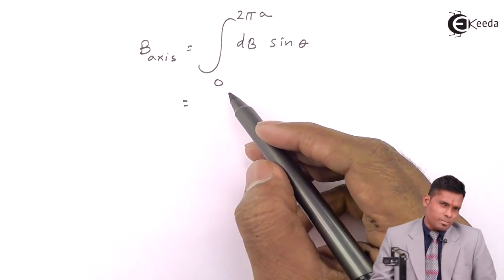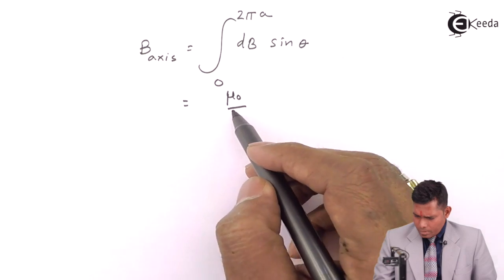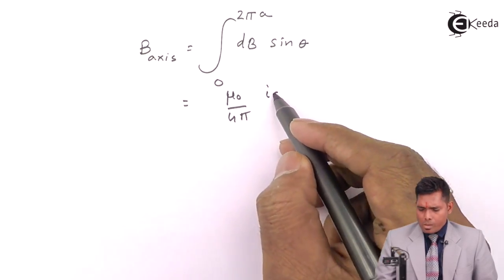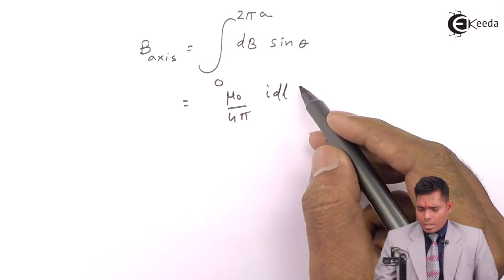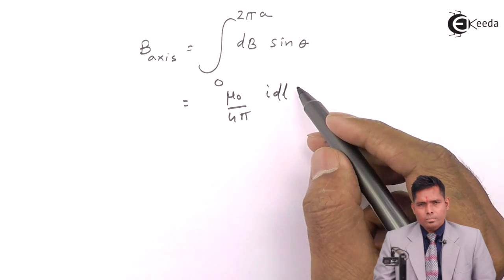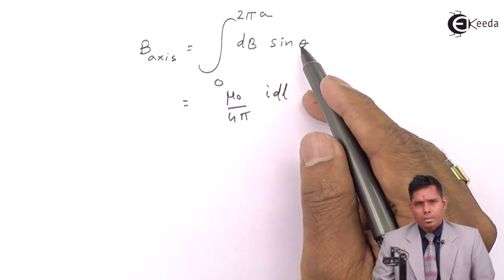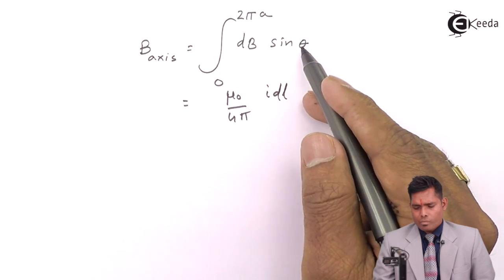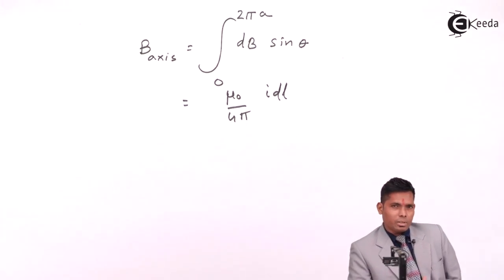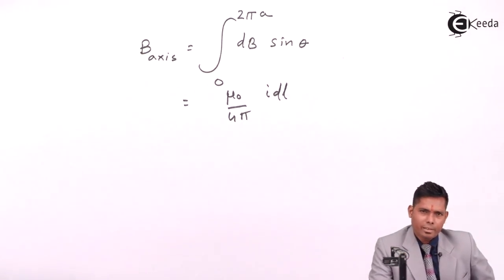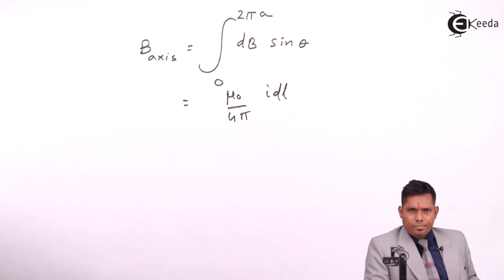But what is dV? The general formula for dV is mu 0 by 4 pi, I dl sine theta by r squared. But here that theta is something else and this theta I'm writing is something else. In the diagram, theta is the angle between the R and the axis.